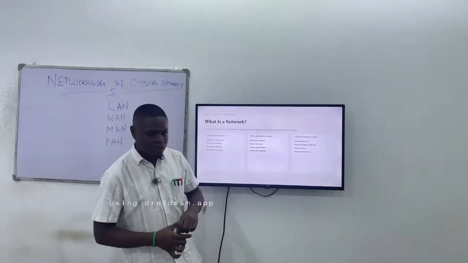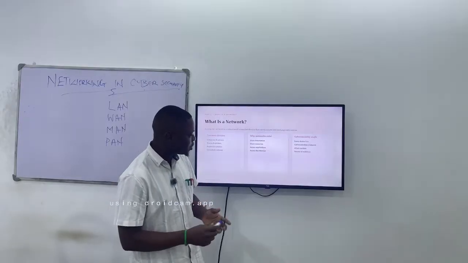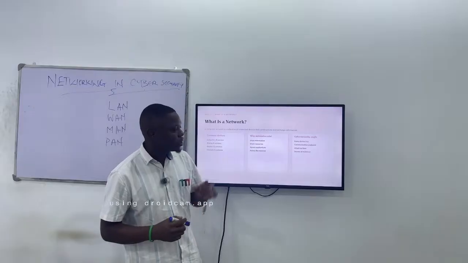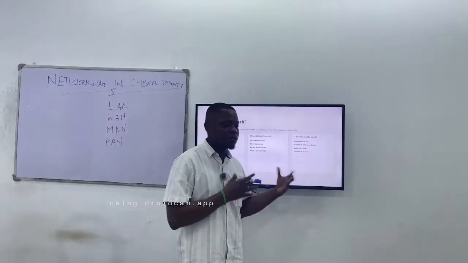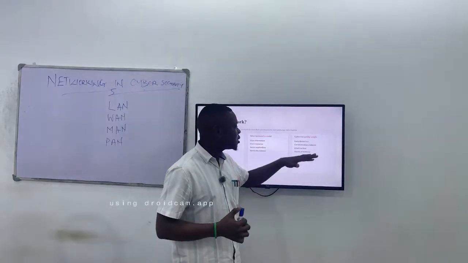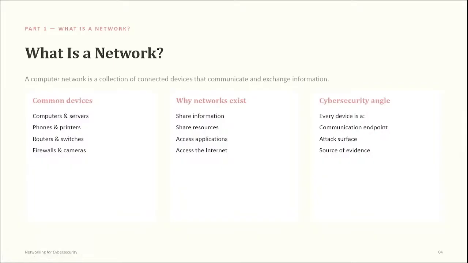Why do networks exist? First, to share resources and information, access applications, and access the network. How does cybersecurity come into this? Every device is a communication endpoint. It's also an attack surface, and it's also a source of evidence when an attack has occurred.